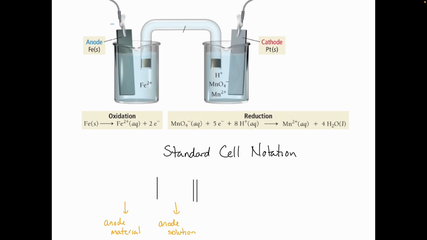All right, so again, in that first box is our anode material. What's our anode made out of? That's going to be this solid iron. Notice that this is the reactant of our oxidation reaction.